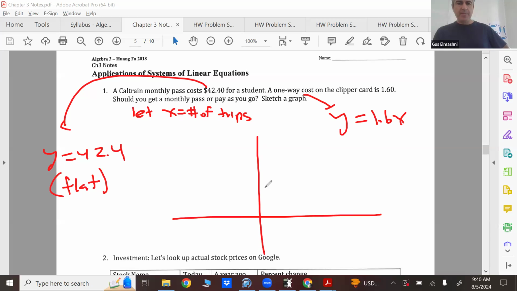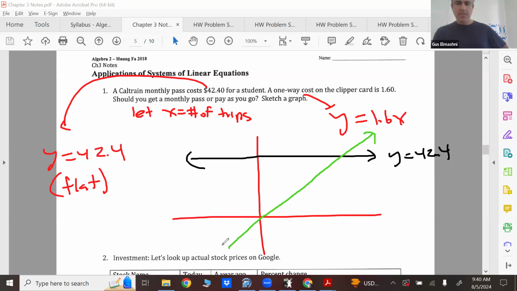So if I approach it graphically, ultimately they're going to meet somewhere, right? If I solve it, and let me get a calculator.